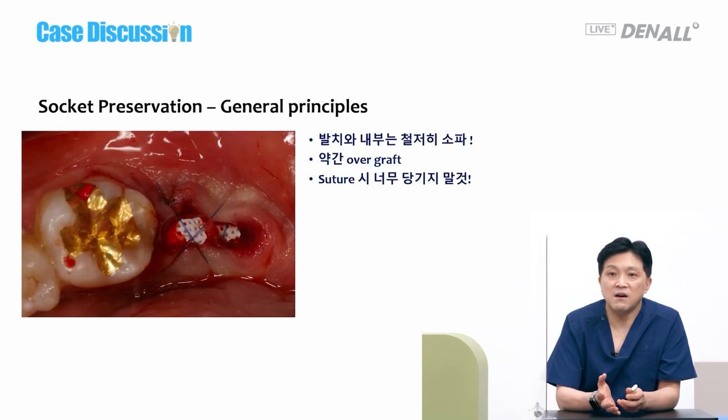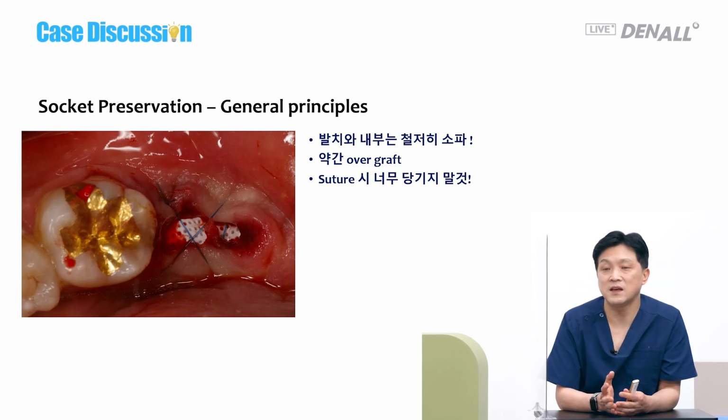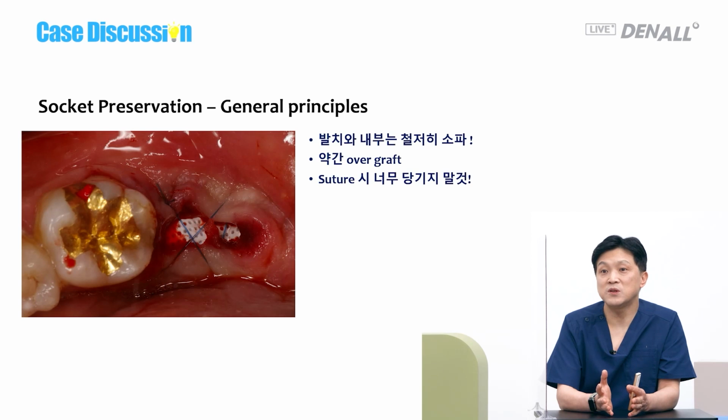If you think you have to do socket preservation here, you need to be careful. The curettage should be done thoroughly within the socket. During the healing period, the bone would be remodeled. Therefore, when you do the grafting, you need to do it a little excessively, but not so much.